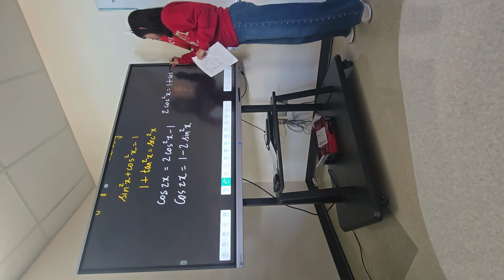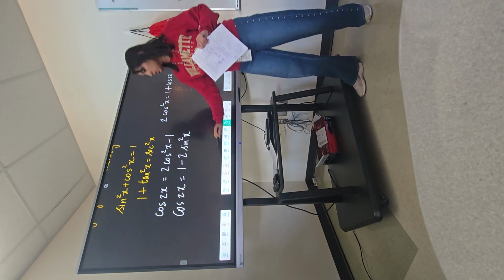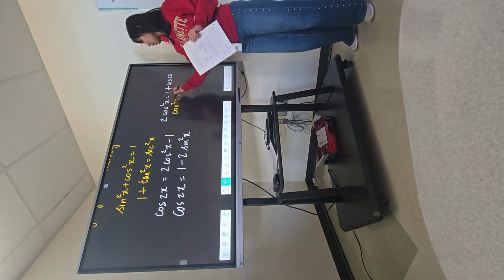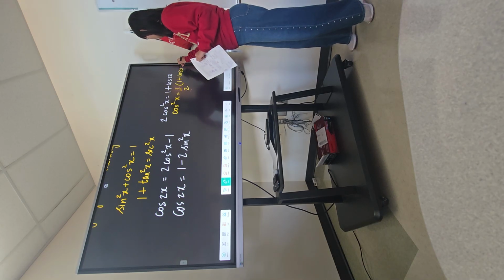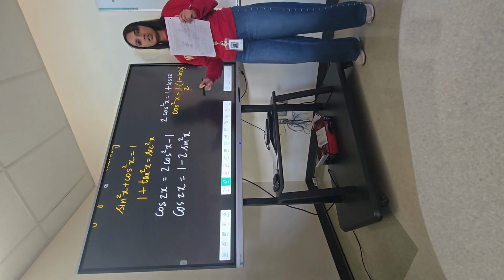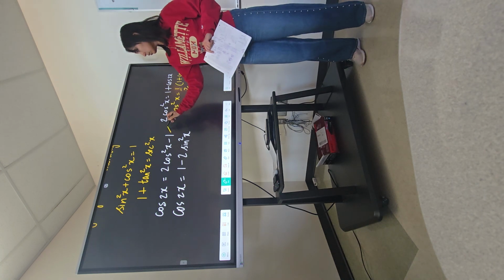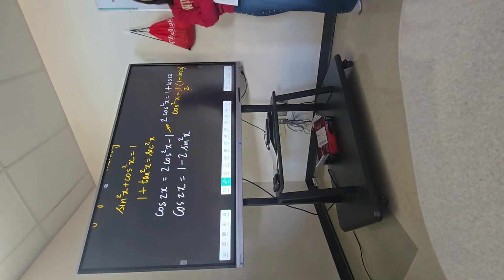Then divide by 2, that's where the half is coming from. So cosine squared x equals half of 1 plus cosine of 2x. And then from here, you're solving for sine squared x, from that double angle identity.